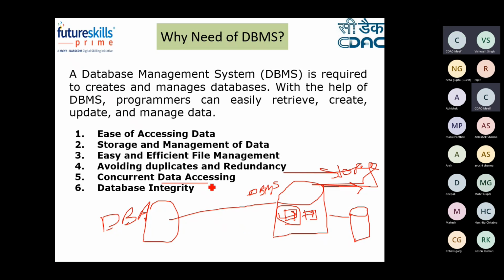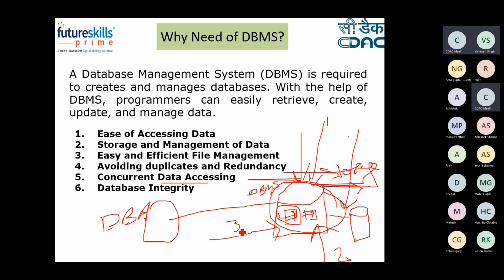Concurrent data access. Many users can access the data at the same time, or maybe they are working on a similar project, so they can all work at the same time on similar data. But the DBMS has to ensure for which user write access has been given. Suppose this is user 1, this is user 2, this is user 3. All three users are working on similar data.